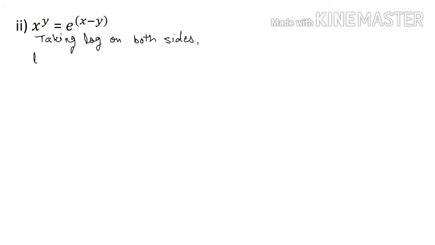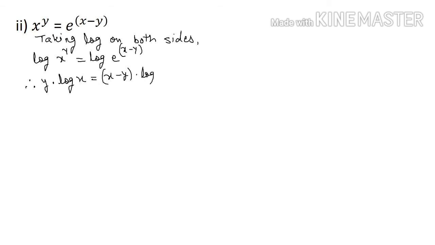We get log of x raised to y is equal to log of e raised to x minus y. Now you know that this power will come forward as multiplication. Therefore, y into log x is equal to x minus y into log e.